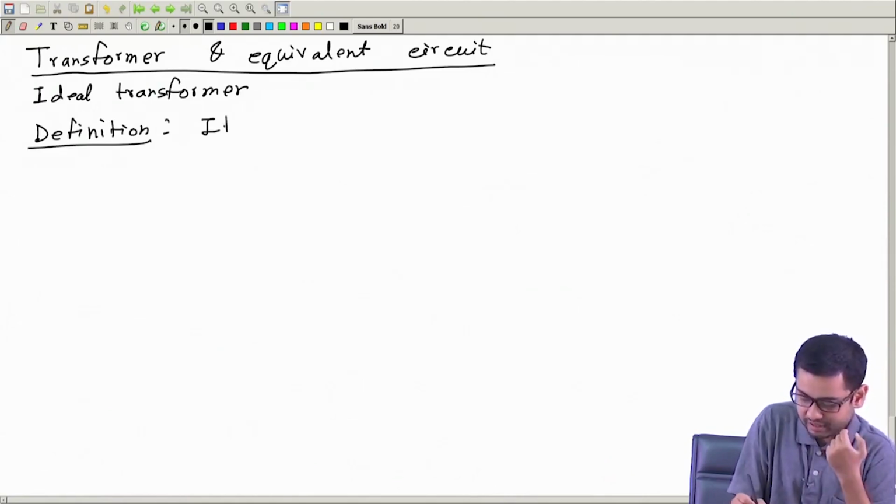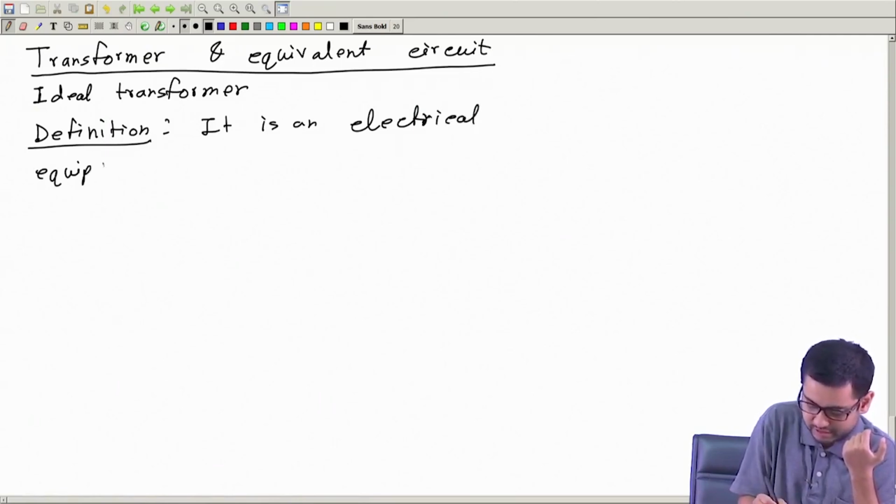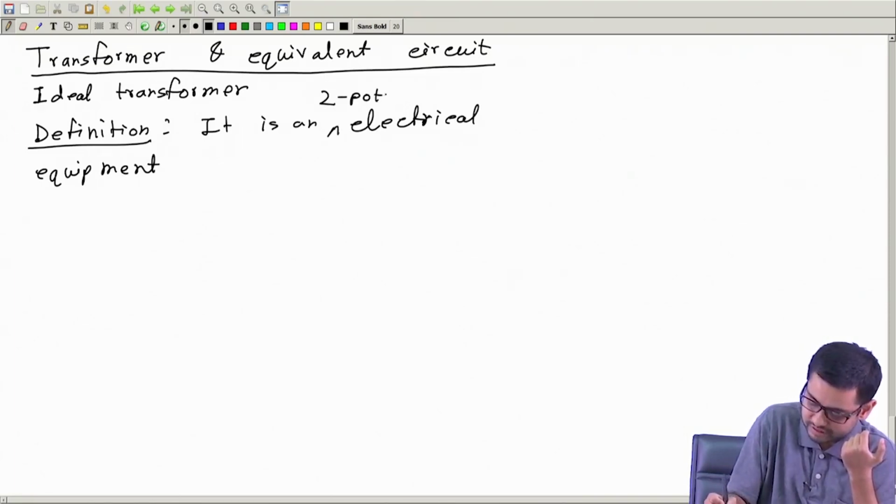I can define it this way. It is an electrical equipment with two ports. So it is a two-port electrical equipment.